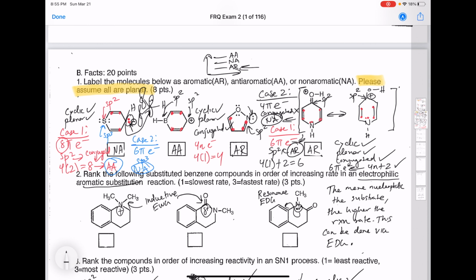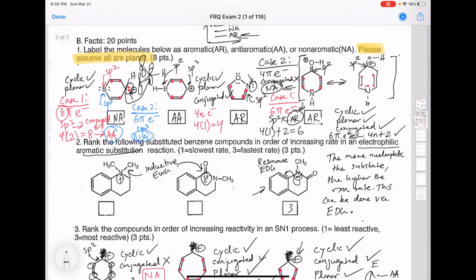And if these two are both inductive electron withdrawing groups, that means that they deactivate the neighboring benzene ring, while the substituent on this molecule causes the benzene ring to be activated, so to have a higher nucleophilicity. So if this molecule has a higher nucleophilicity, then it will have the highest reaction rate in an EAS reaction. That gives it the fastest rate, since the other two cause the ring to deactivate.